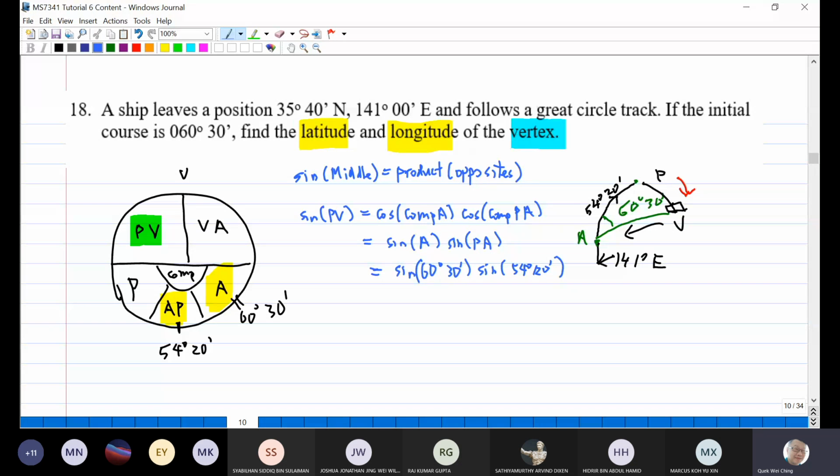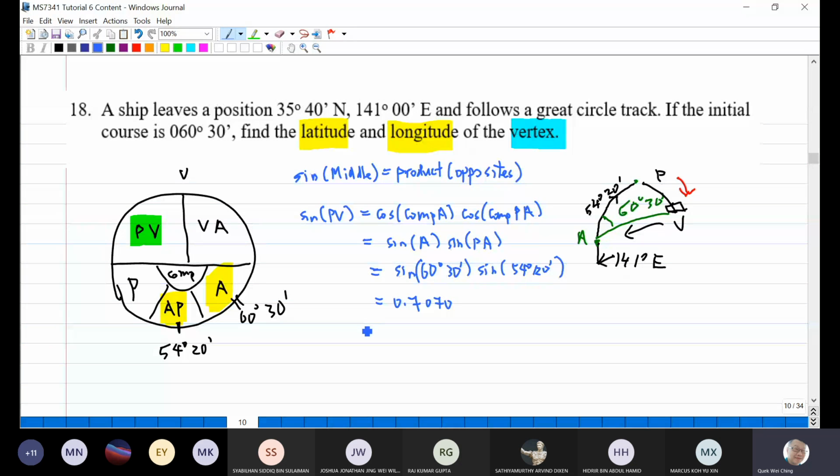You get PV is 45 degree, right? Okay. Again, PV 45 degree, of course that 0.7070.